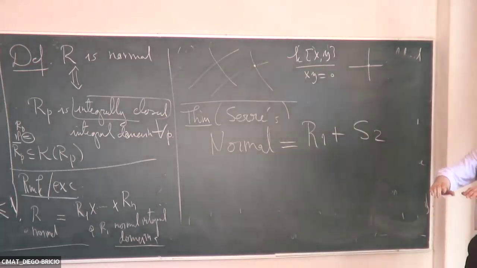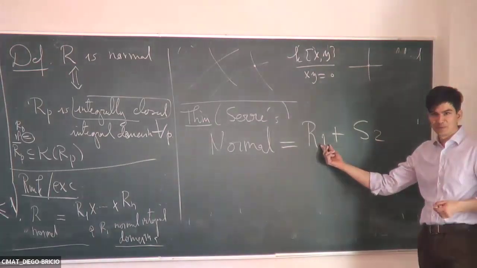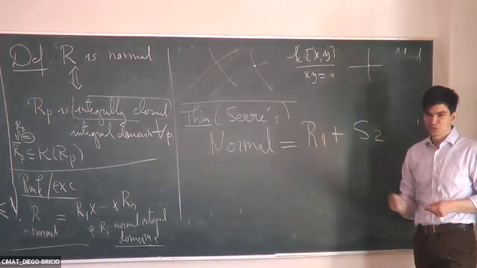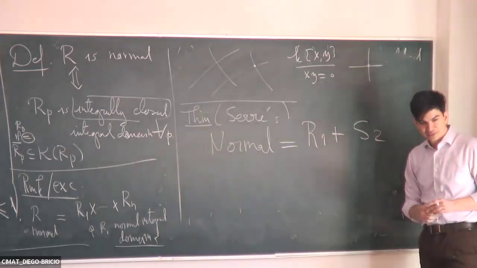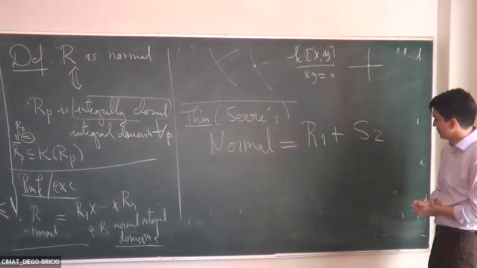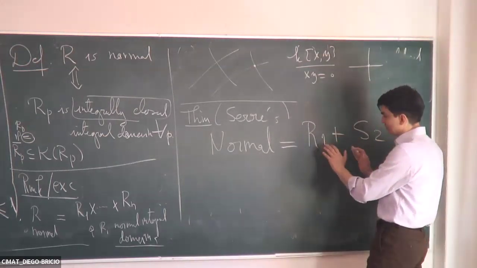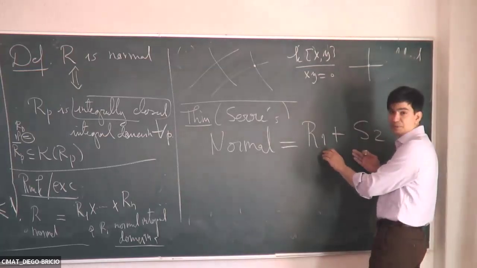You remember reduced was R0 plus S1. So you just increase the parameter here by 1, and you get a wonderful notion of normality. And we are going to exploit that, both of them actually, in a fundamental way in our paper.